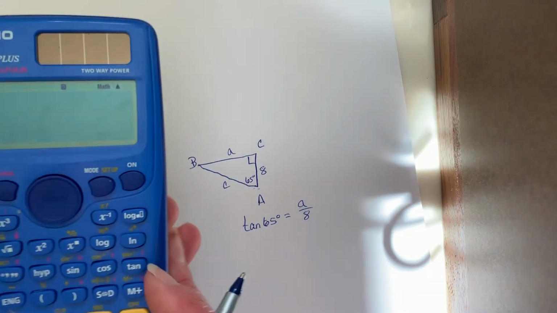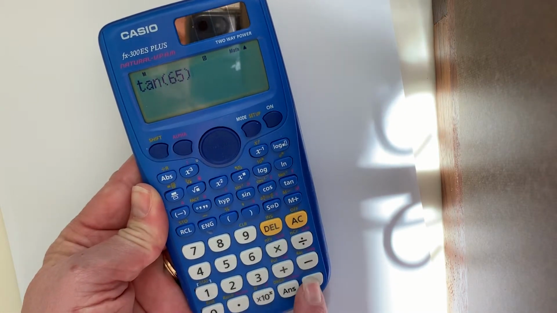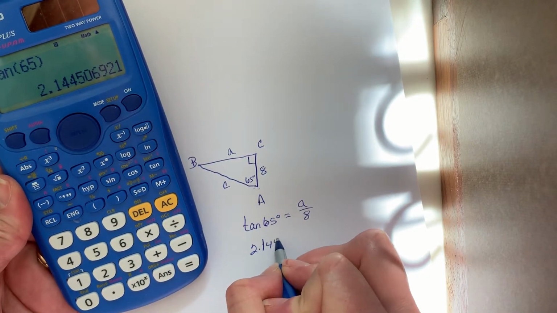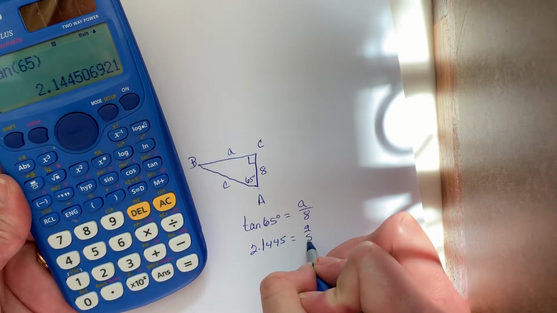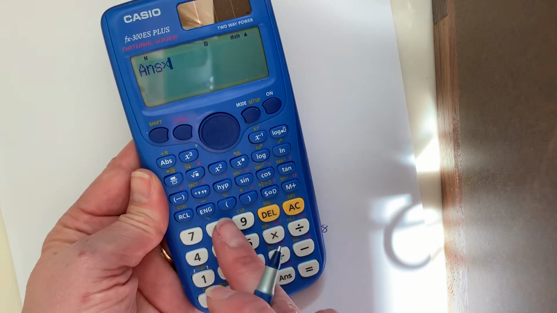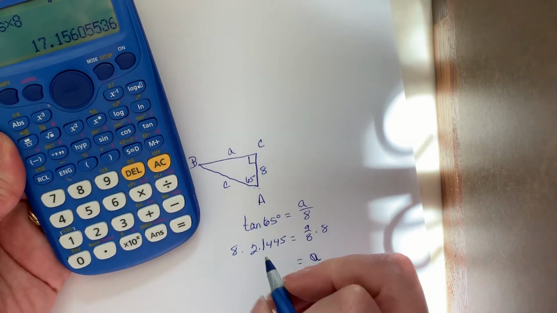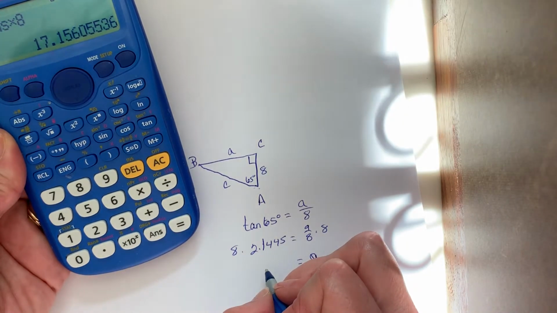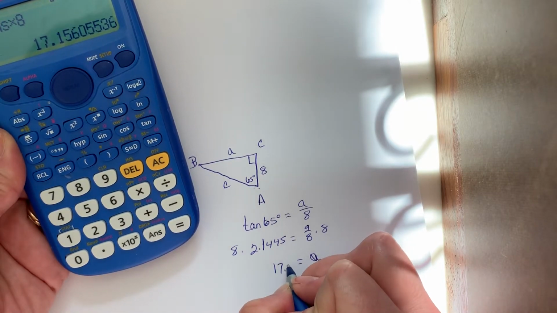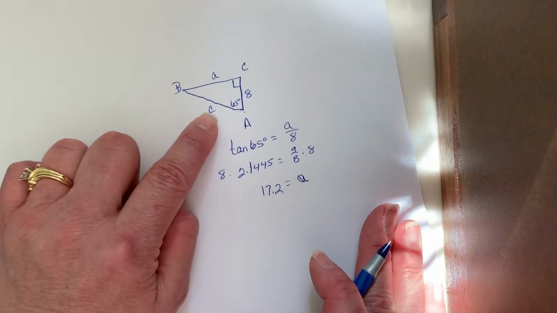So if we do this one, we just say tangent 65 equals, all right, so it's 2.1445 equals A over 8, multiply both sides by 8. So we're just going to multiply that by 8. And we find out that A equals 17.156. It wants it rounded to the nearest tenth, so it would be 17.2.